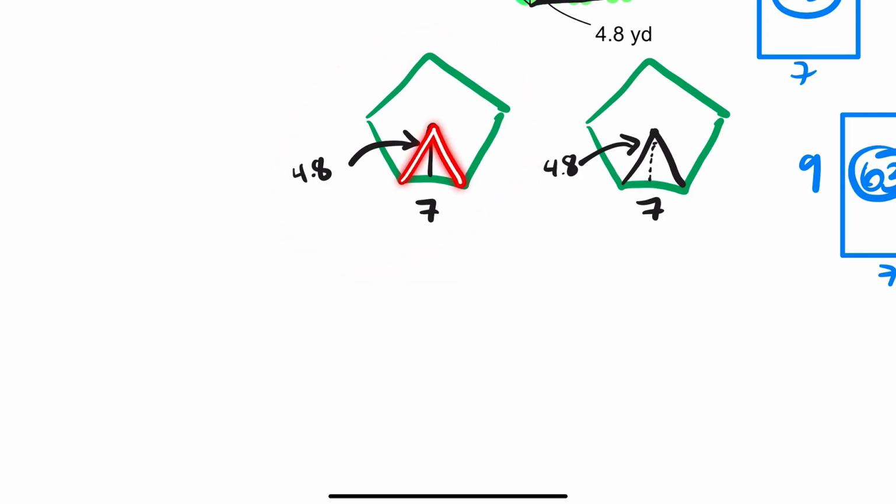So let's focus on this one right here. I need to find first that little mini triangle. There are technically 5 of them, but I'm just gonna focus on one. Area of a triangle is base times height divided by 2. So I'll do that math down here for you. 7 times 4.8 divided by 2.